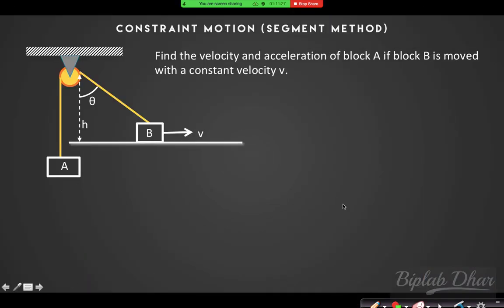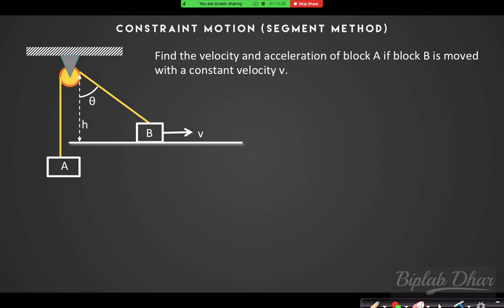Now look at the next problem. I have slightly modified the situation, and now there is a certain angle made by the string with the block. The block is moving with velocity v. Whenever the velocities or displacements are not along the string, in the last case all the accelerations or velocities were along the length of the string.